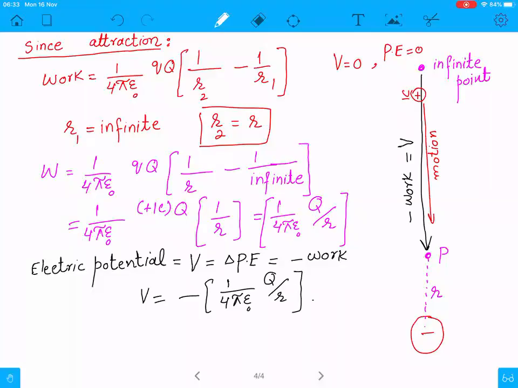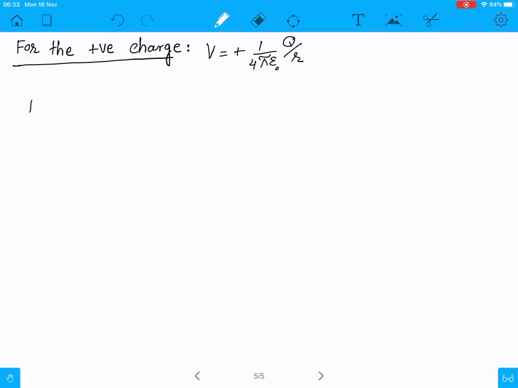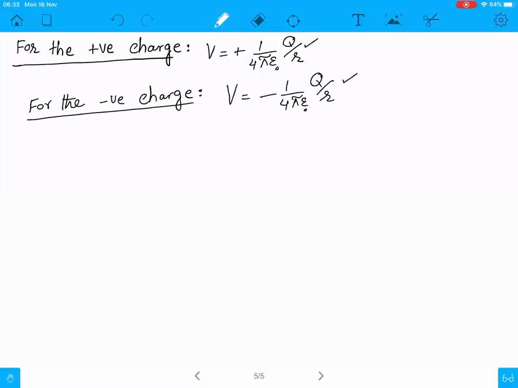So we have two formulae, one for the positive charge and one for the negative charge. We can say that for the positive charge, V is equal to 1 over 4 pi epsilon naught Q over R, and for the negative charge, it would be V is equal to minus 1 over 4 pi epsilon naught Q over R. So this is for the positive charge and this is for the negative charge.